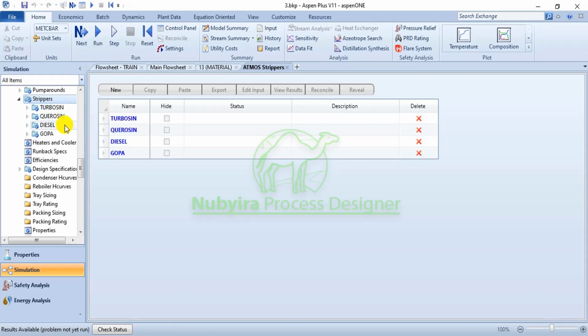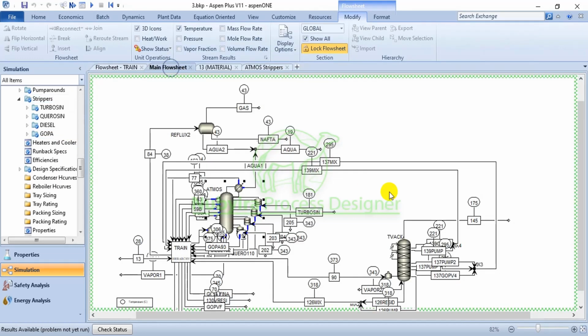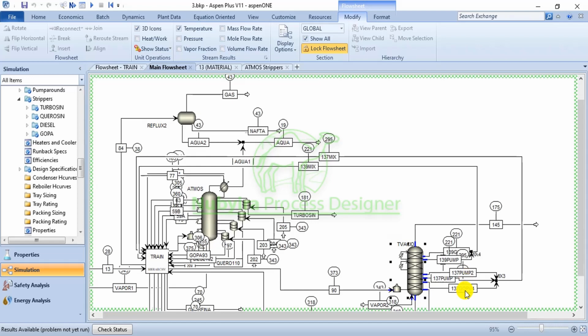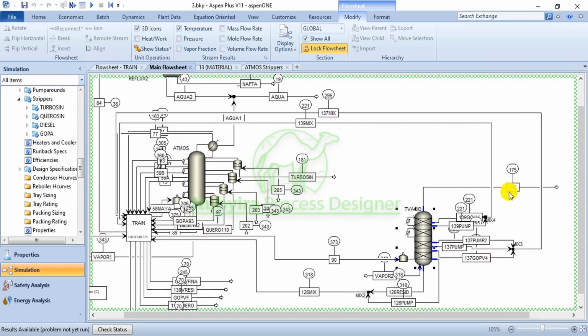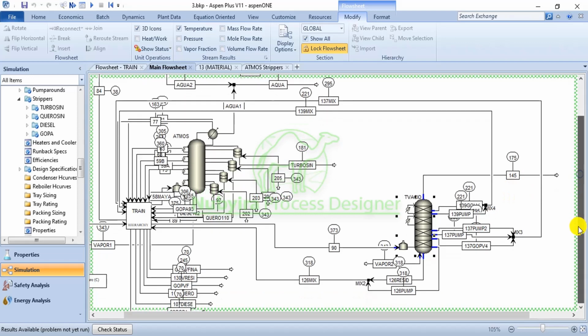We are getting kerosene, diesel, and atmospheric gas oil. For the vacuum column we have the vacuum gas oil or VGO. Then we have the light end, which is this stream for the vacuum column. Both columns have the same strippers. This one is a reflux absorber.